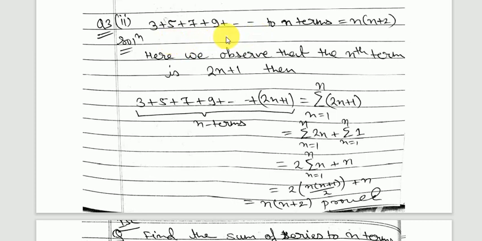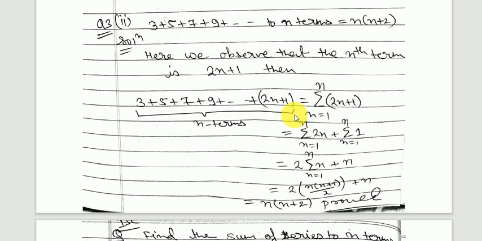So if I'm looking for the nth term, then the nth term will be given as 2 into n plus 1. Here we observe that the nth term is 2n plus 1. As we are supposed to find the sum of n terms of this series, 3 plus 5 plus 7 plus 9, the nth term is 2n plus 1, and there are n terms.